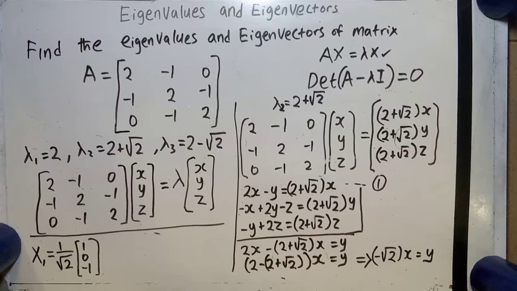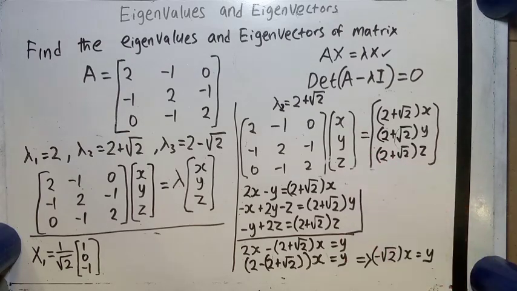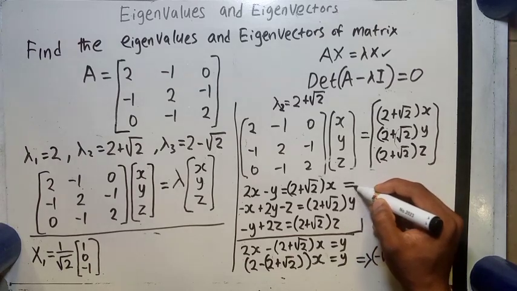So what this means is that in place where you see y, replace it with this. It will permit me to go up here to our equation 1 and rewrite it in this form.